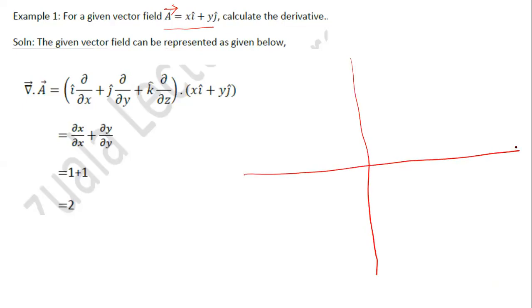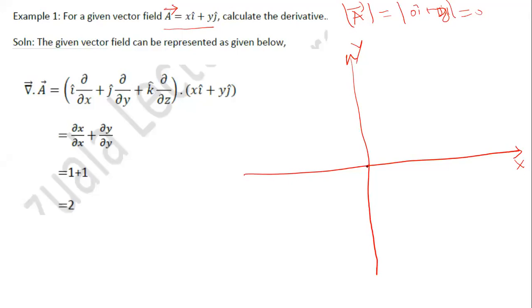So this is a vector on the xy plane. This is the x, this is the y. At x equal to 0, y equal to 0, the vector will be 0i plus 0j. It will be 0. So at this point, the vector does not have any amplitude.